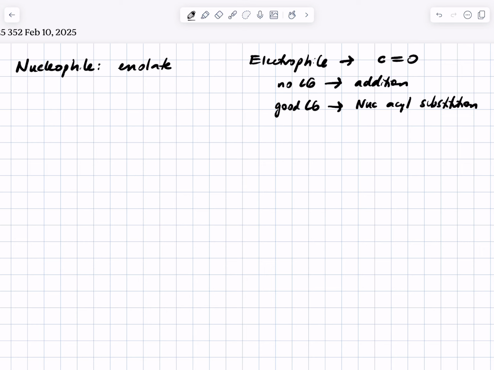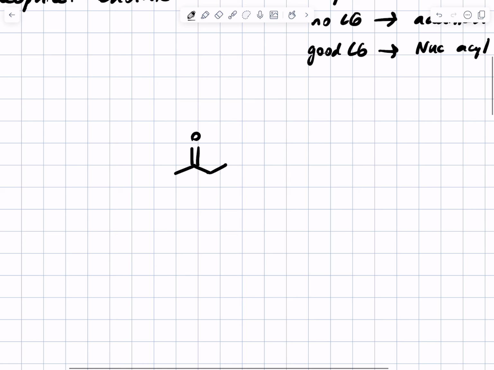Okay? So, we've said before that you can make an enolate from a carbonyl compound by putting the carbonyl compound in the presence of a base. So let's just use this standard ketone, and the ketone's got an alpha proton. We're going to use a weaker base relative to the pKa of the ketone proton.